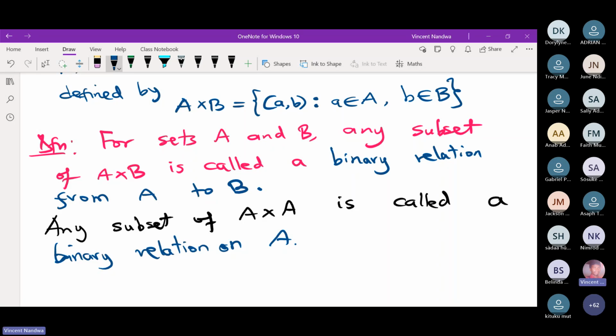So that's how we define a binary relation. They are just subsets of a Cartesian product of two sets, or subsets of the Cartesian product of a set by itself.